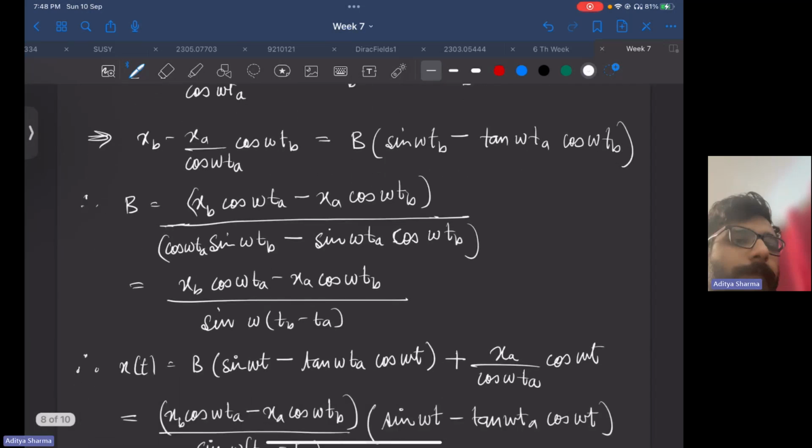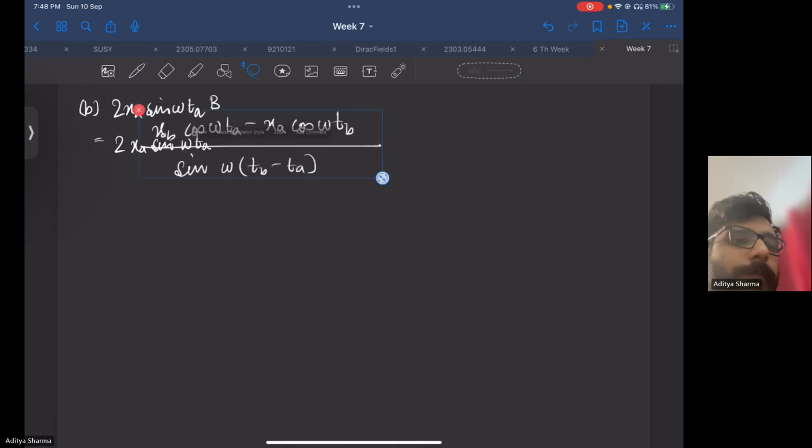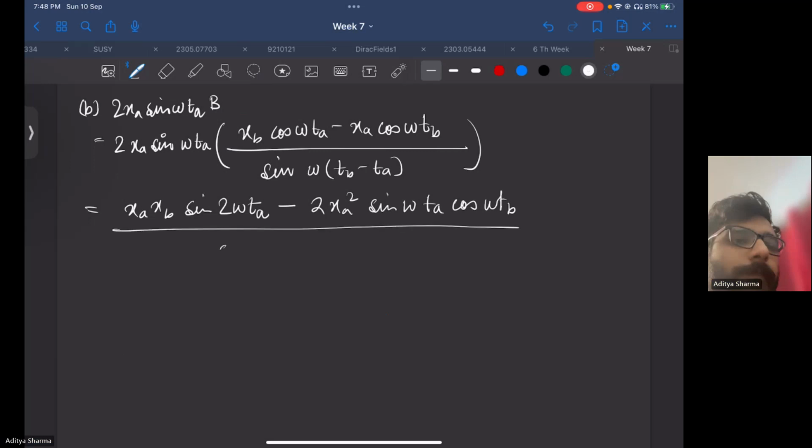What is it? If is this thing. Xa xb sin 2 omega t minus 2xa square sin omega ta cos omega tb, sin omega ta minus 2.